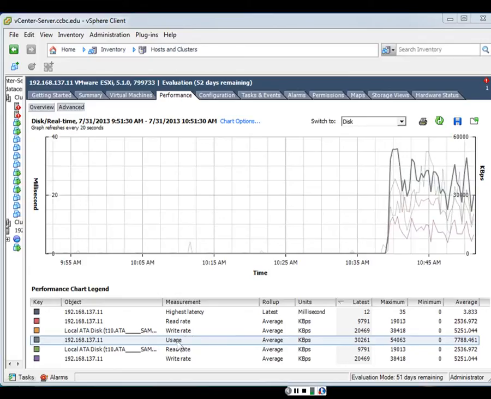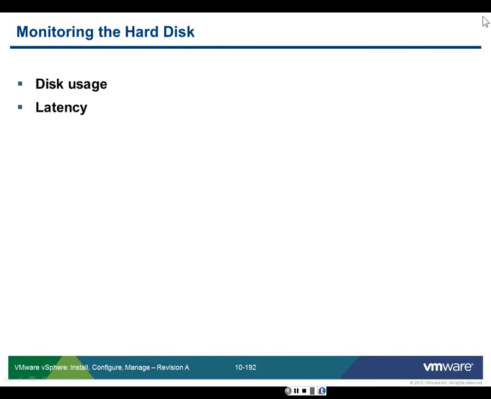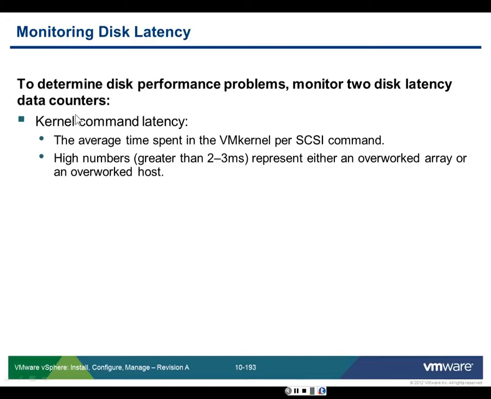One of the main variables that we use to measure disk utilization is disk usage. To monitor the hard disk, you can look at disk usage, but to measure it even more finely, that is to determine which disk is the faster disk, or whether or not a disk is overburdened, we measure latency. And there are 2 types of latency. There is the kernel command latency, and when we say the kernel, we mean what's running in the RAM of the ESXi host.